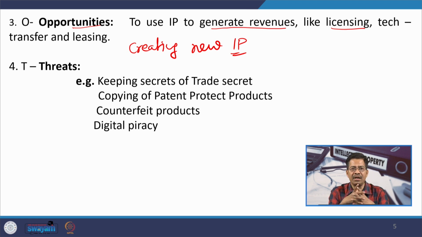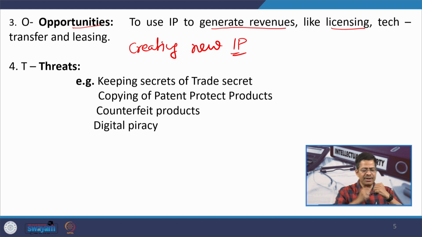So, it created an opportunity for us: when we are creating so much new knowledge, we can use that opportunity for creating new IP, and we started the culture of patenting. So, from the point of view of income generation, that is one aspect of opportunity, and creating new IP assets is another opportunity.